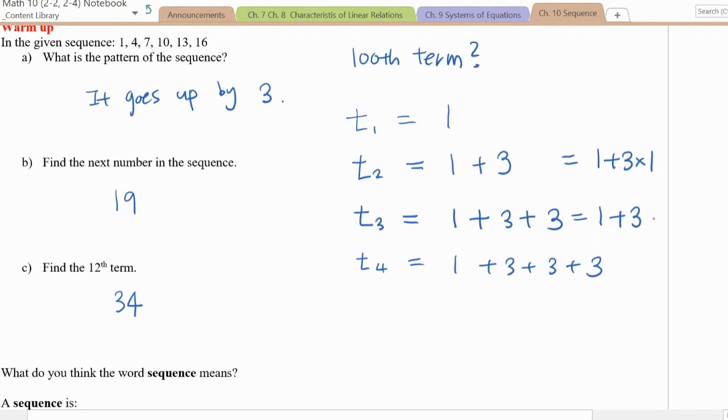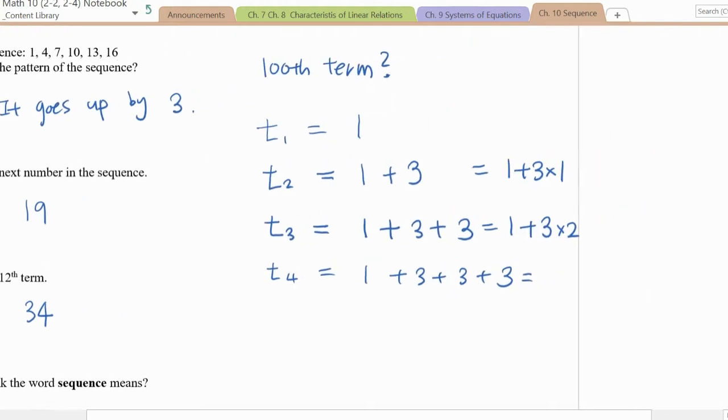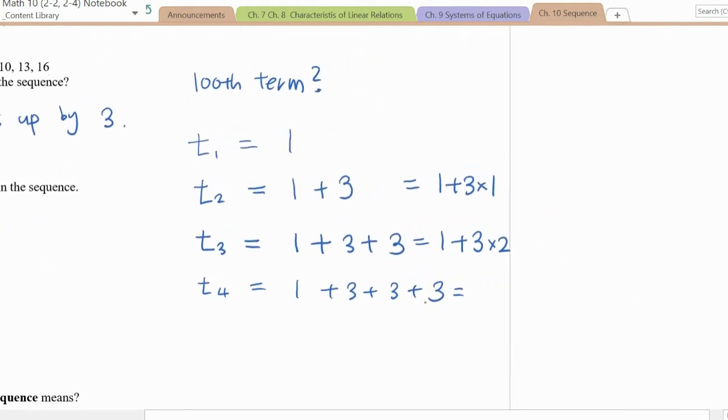Then that is the same as 1 plus 3 times 2. What about the fourth term? You add 3 three times. Then that will be 1 plus 3 times 3. Alright? Okay, do you see any pattern now?